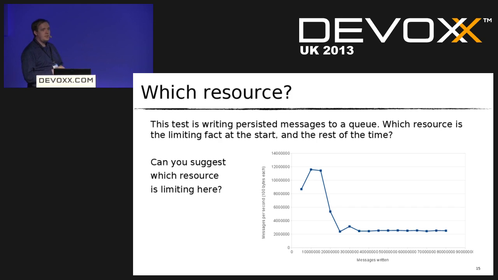Which might sound like a lot of messages, but in this situation, it actually comes to a much slower performance after only a couple of seconds of running at this rate. And then it sits there at a much lower rate.